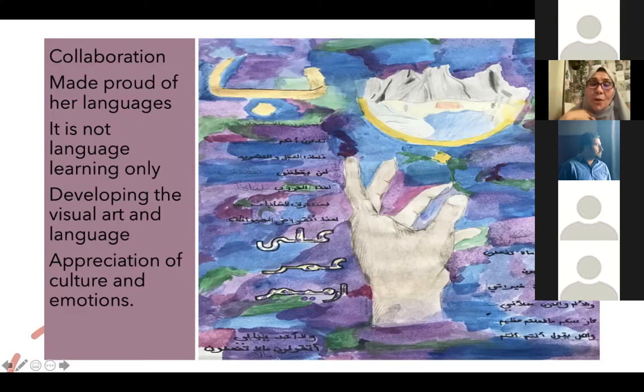And she wrote her own poetry. Here you can see she mentioned Ali Omar Mis as the stimulus for her idea. So there is a developing of visual art and language and appreciation of culture and emotions, which I've mentioned before. If we can move on, please.